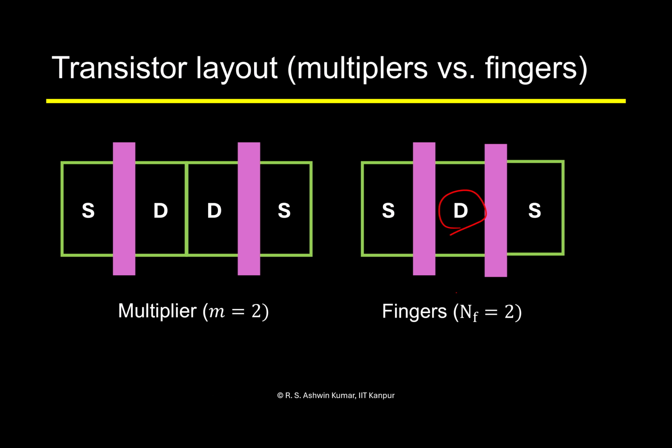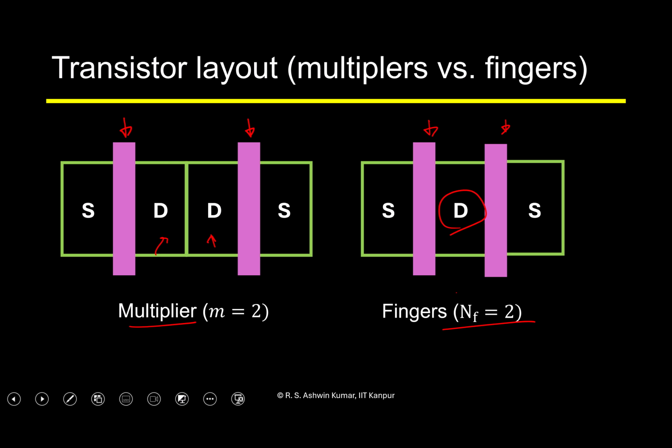So in practice, if we have two of them put in parallel like this, it is called having multipliers. Whereas if you share the common junctions and use a shared junction, that is called having fingers. Apparently someone thought this looks like two fingers pointing up, so they call this fingers.